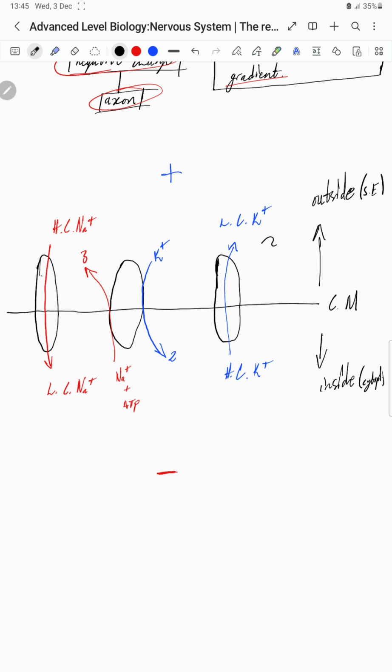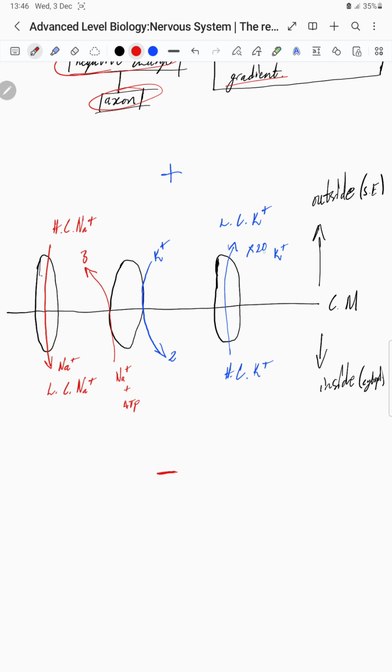We realize that the potassium ions are 20 times more diffusing. So we can say 20 potassium out, and here we have one sodium in. So you can see the difference.